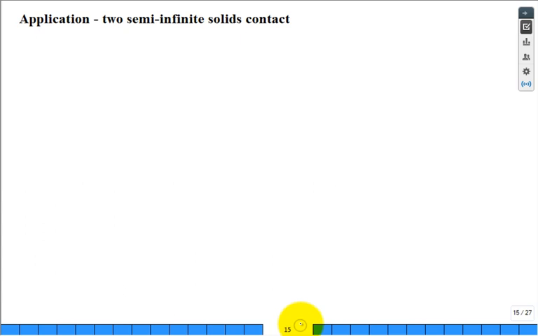That's right. So basically, you have two semi-infinite solids coming into contact. If you leave your fingers on the metal for a long time, the sense of how cold that metal is slowly goes away. If you leave it on the wood for a long time, the sense of the difference in the temperature will slowly go away.